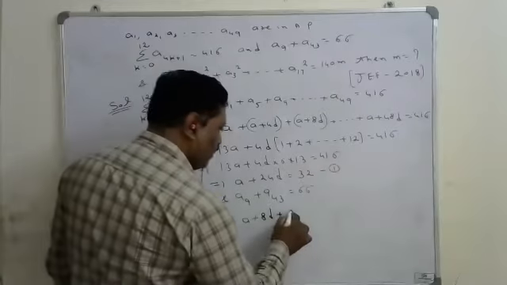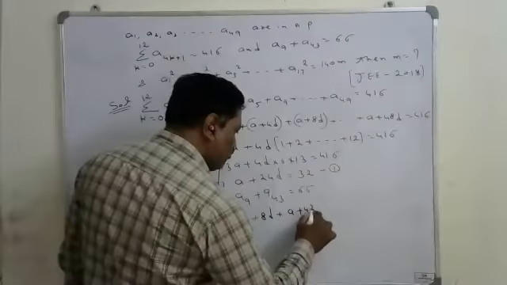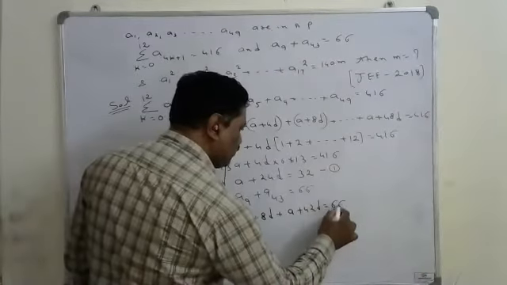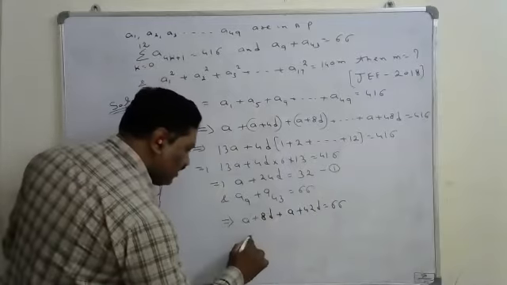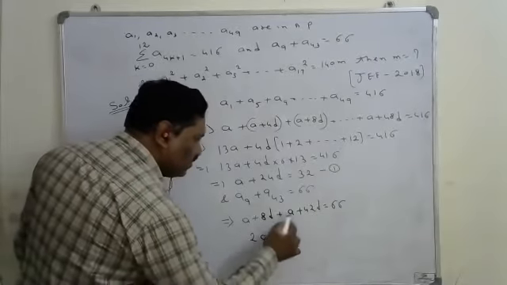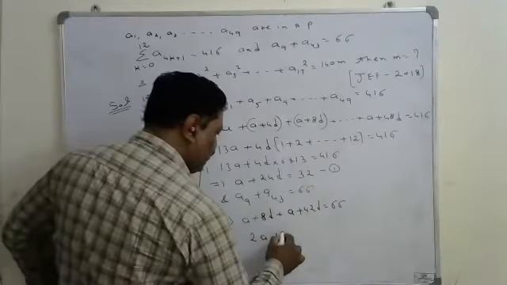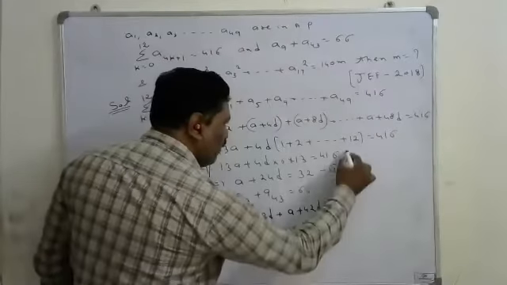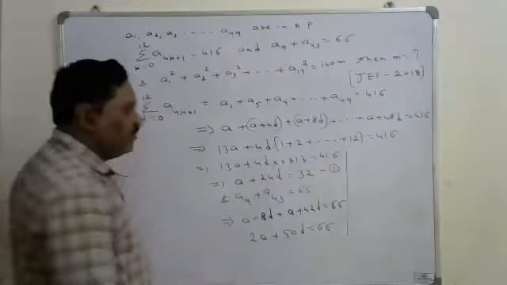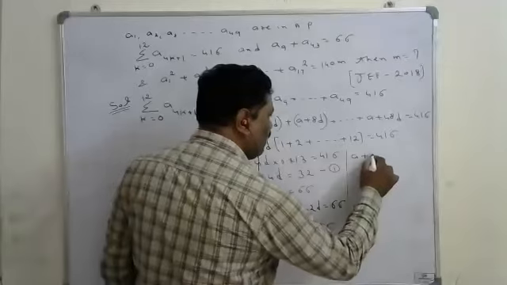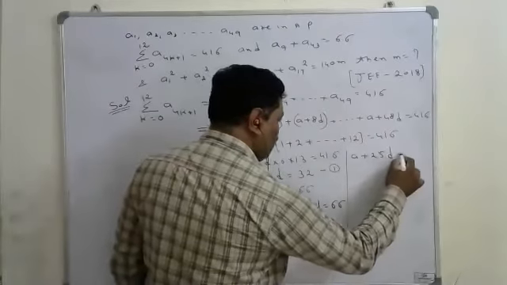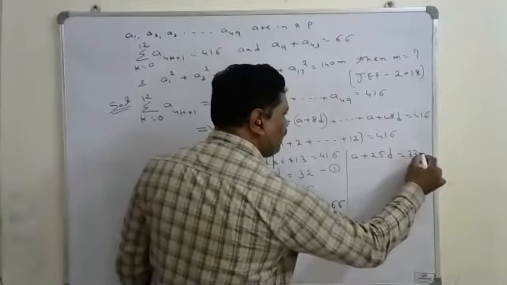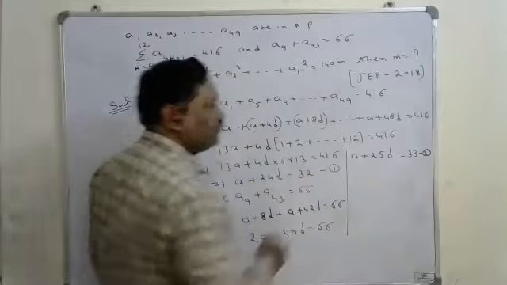A43 is A plus 42D. This is equal to 66. Now A plus A is 2A, and 42 plus 8 is 50D, so 2A plus 50D is equal to 66. Dividing by 2, we get A plus 25D is equal to 33. Call that equation number 2.